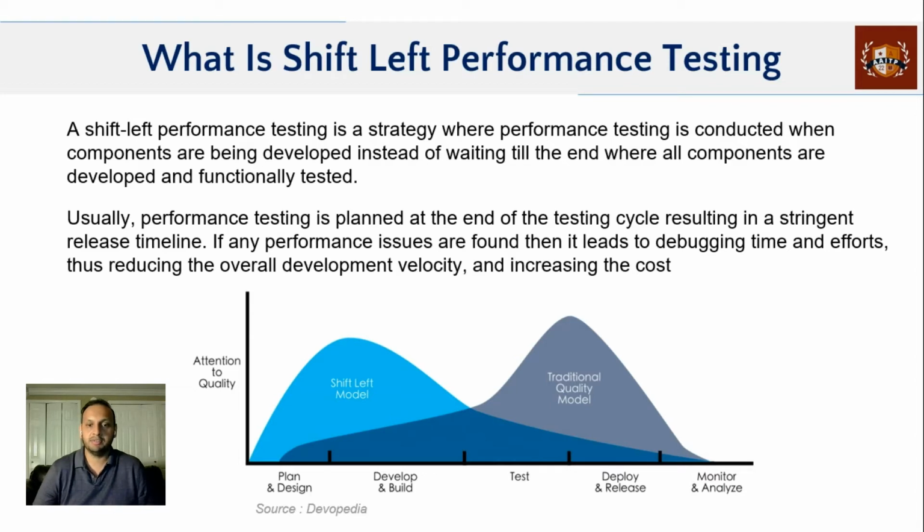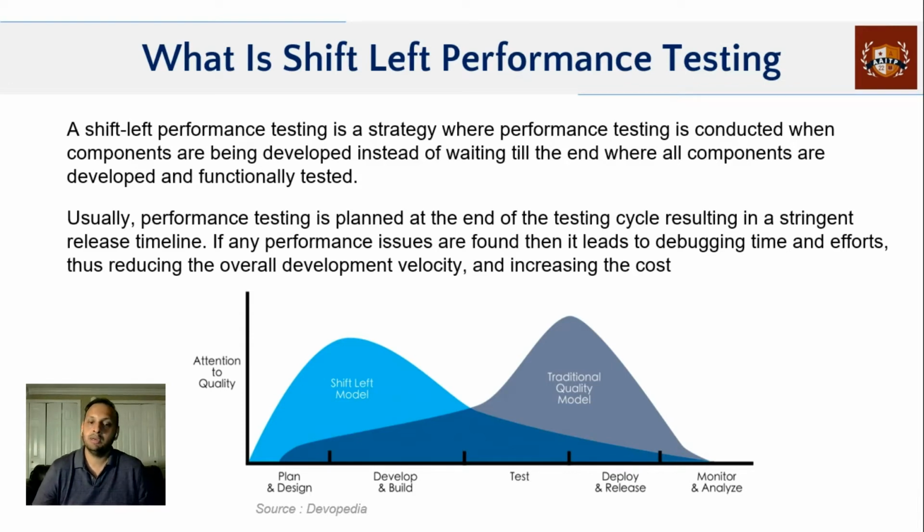As you can see in the graph showcased below, in the traditional model, the attention to quality is almost given at the end, during testing or whenever we are ready to deploy and release, because only then is the development team usually concerned about the quality of the code, the coverage, how well it is built, and if there are no bugs.